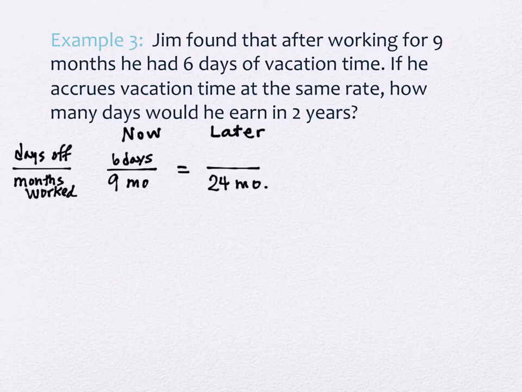Yes, that's a good question, though. In a total of 2 years, what would he have accrued? And then the unknown, the thing we're trying to find, is the number of vacation days he would have at that point. So this is the unknown, the X number of days. What I usually do is I have all the units on there in my original setup, and then once I start working the problem out, I don't use them.